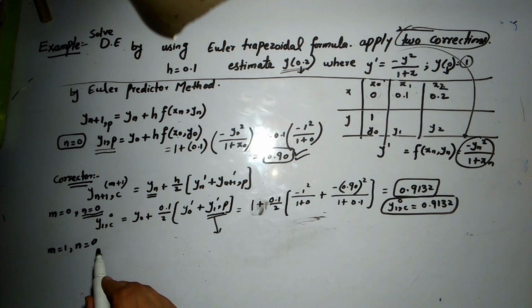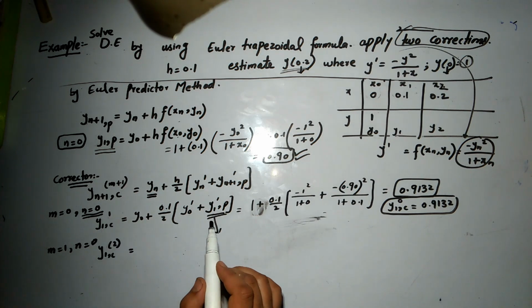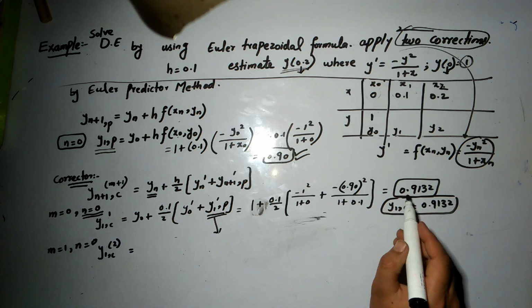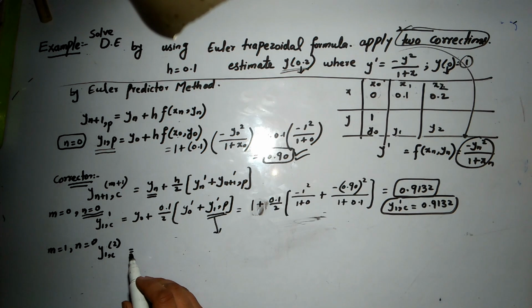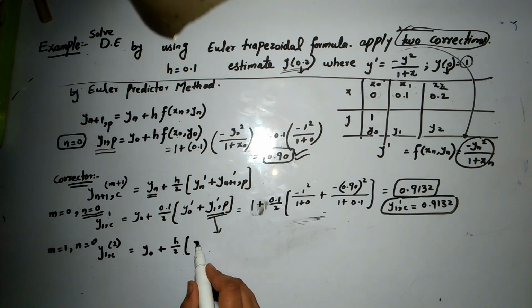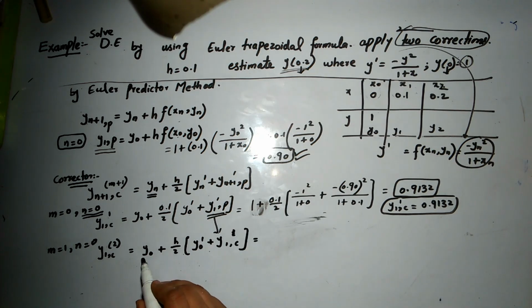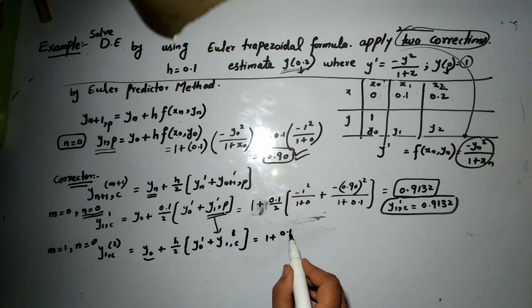So y of 1 c here will be equal to 2, because the previous was the first correction and this is the second correction. So this will become y1 of c2 equal to y0 plus h over 2 times y0 dash plus y1 c1.